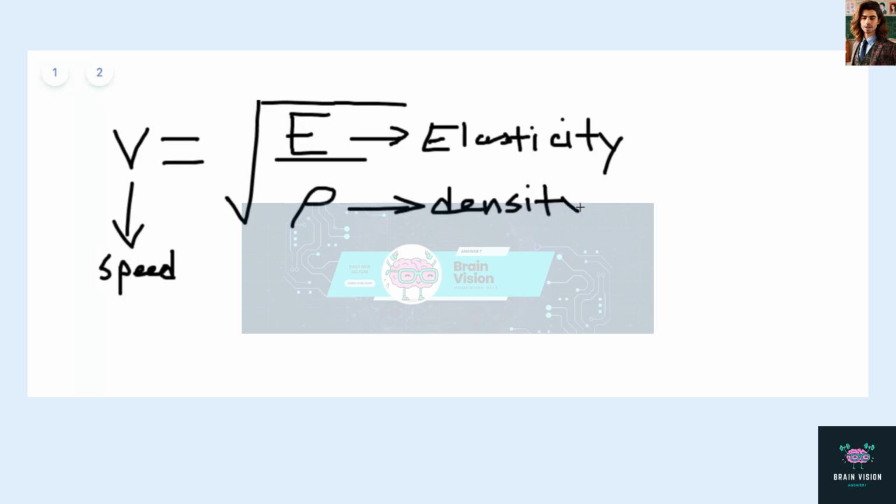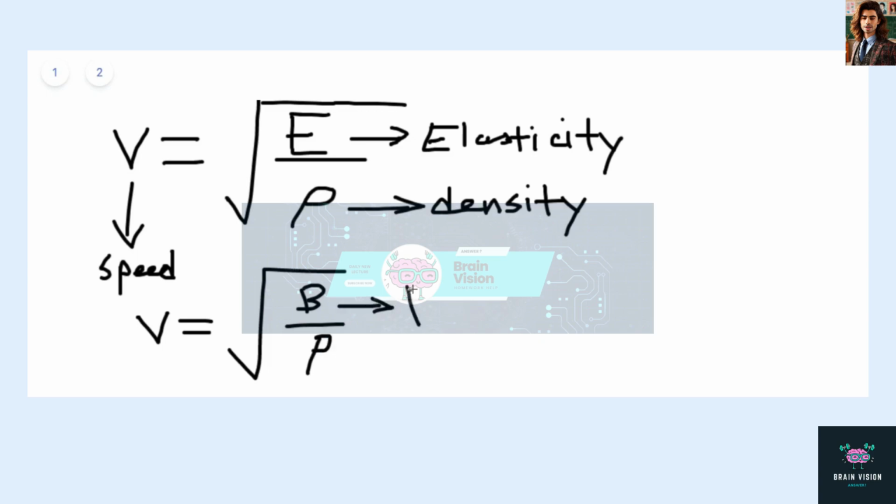Very similarly, there's another equation, which is V equals square root of B over rho. In this case, B is the bulk modulus. These are equations in section 11-8 in the book, equations 11-14a and 11-14b, I believe.